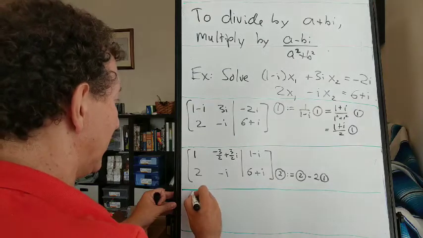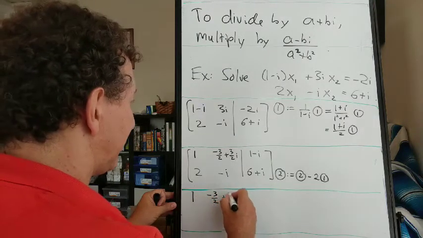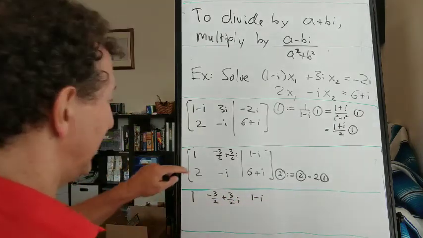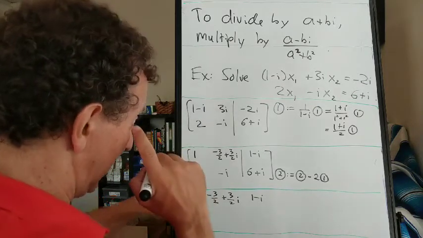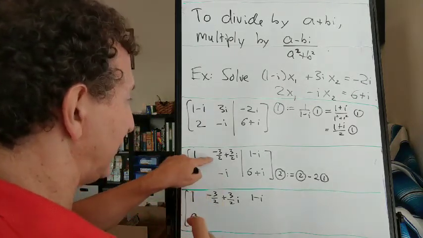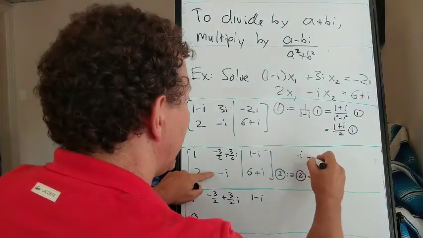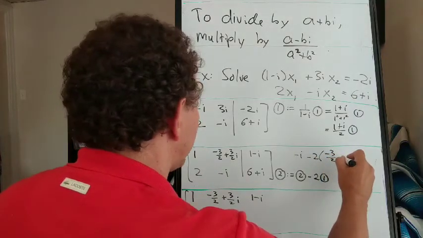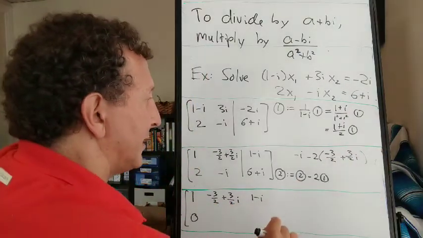So we'll copy down row 1: 1, minus 3 halves plus 3 halves i, 1 minus i. 2 minus 2 ones is 0. Negative i minus 2 times negative 3 halves plus 3 halves i.